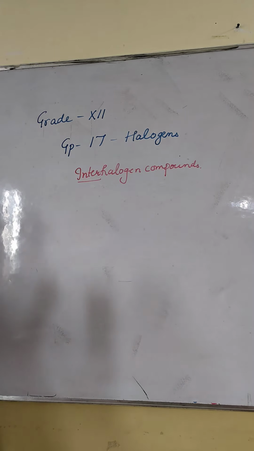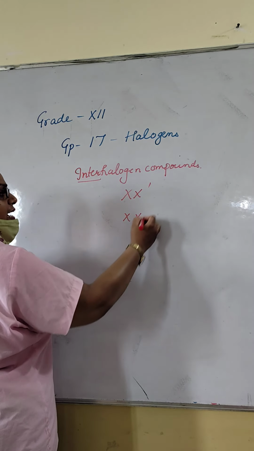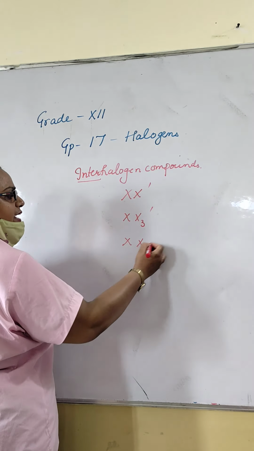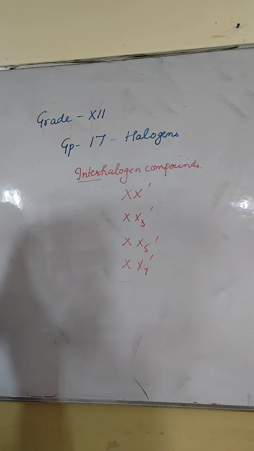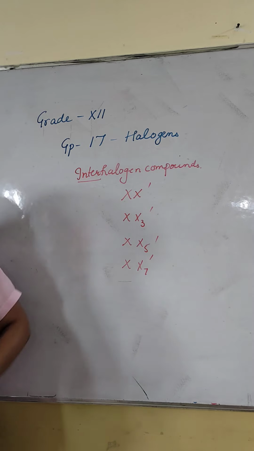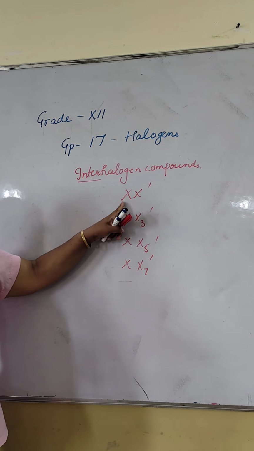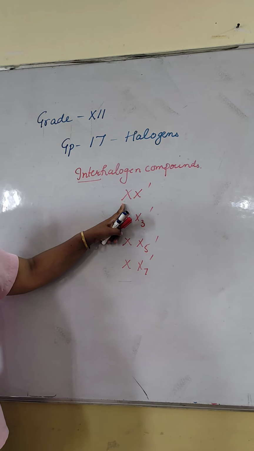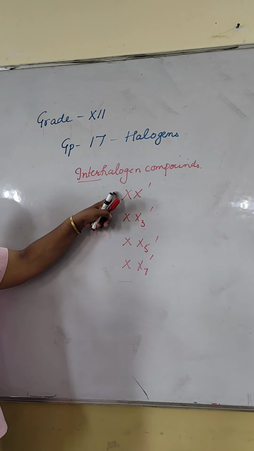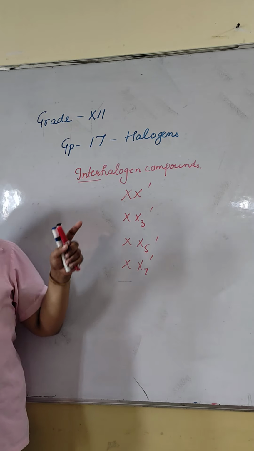Okay? The general formula is XX', XX'3, XX'5, XX'7. The dash is there because it is for a different halogen. In this, X is bigger in size than X' and it is electropositive. Suppose I am taking ClF: here chlorine will be X and fluorine will be X'.